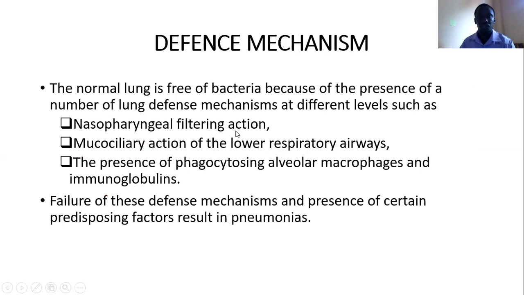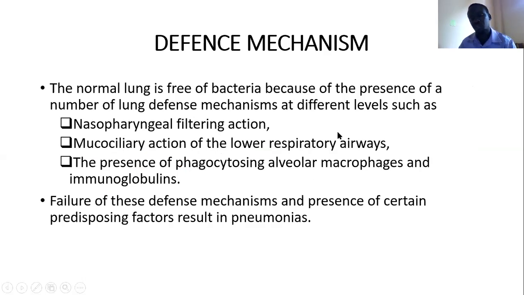developing into pneumonia. So we have various defense mechanisms of the body, and one of them is the nose, containing some hairs that act as a filter. They filter the dust particles and the microbes to some extent. Then we also have mucociliary action of the lower respiratory airways.